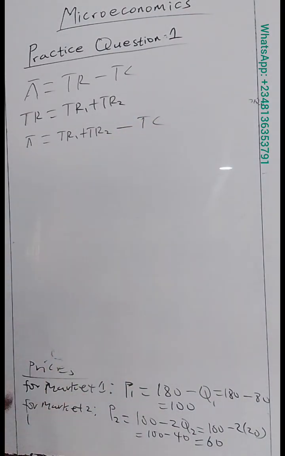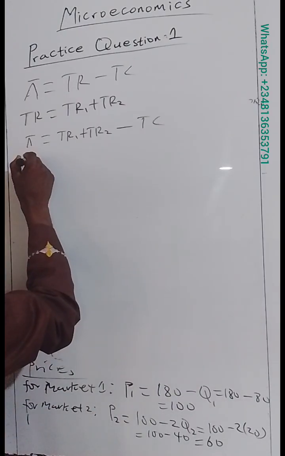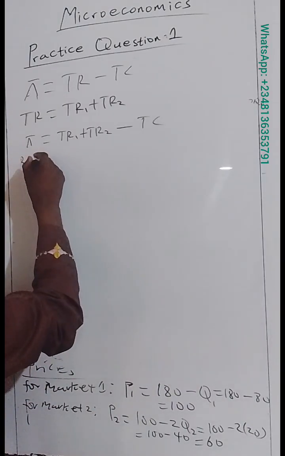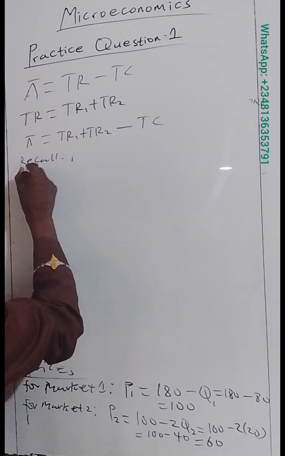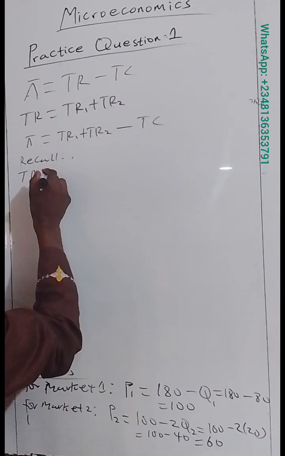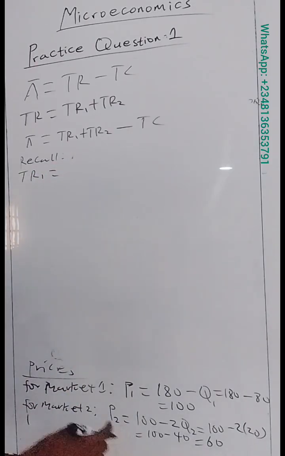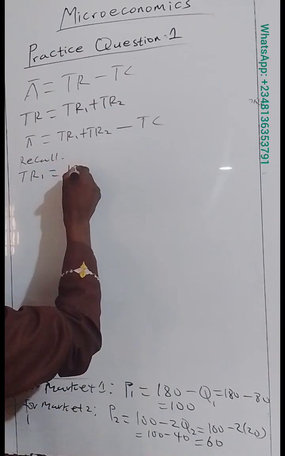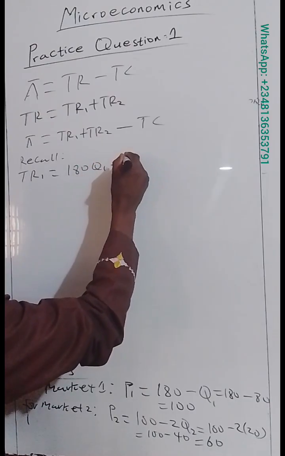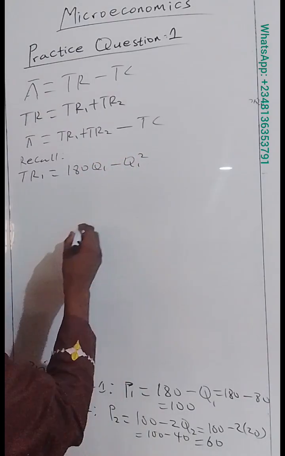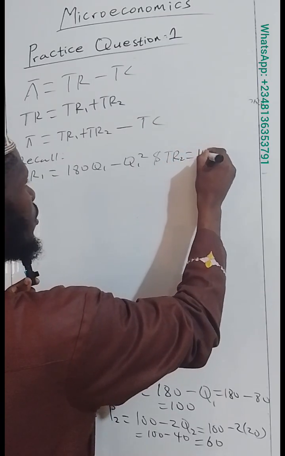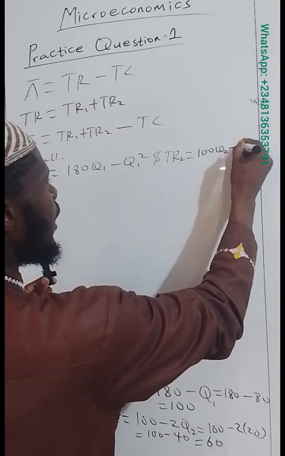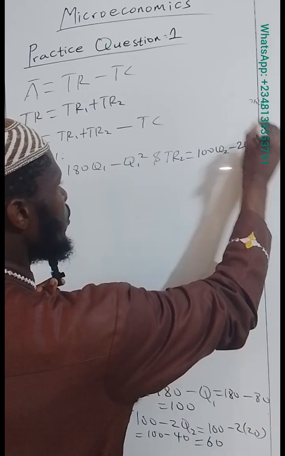You remember the total revenue functions we got initially. TR1 is equal to 180Q1 minus Q1 squared, and TR2 is equal to 100Q2 minus 2Q2 squared.